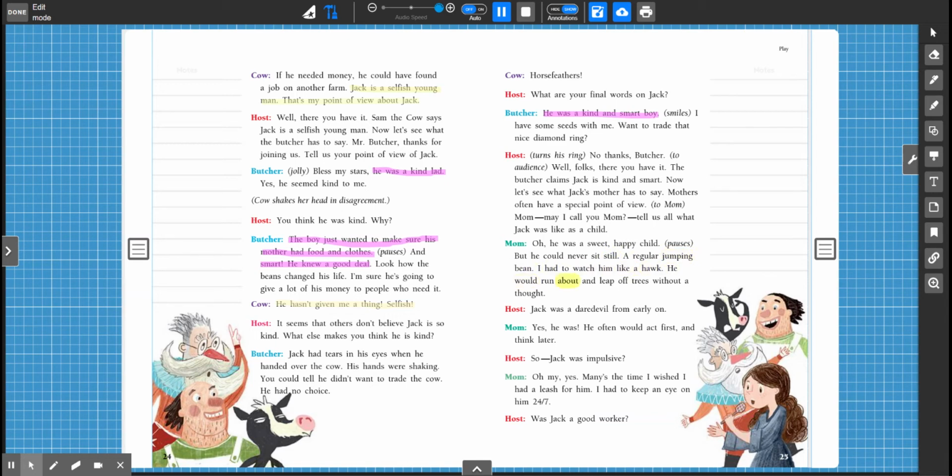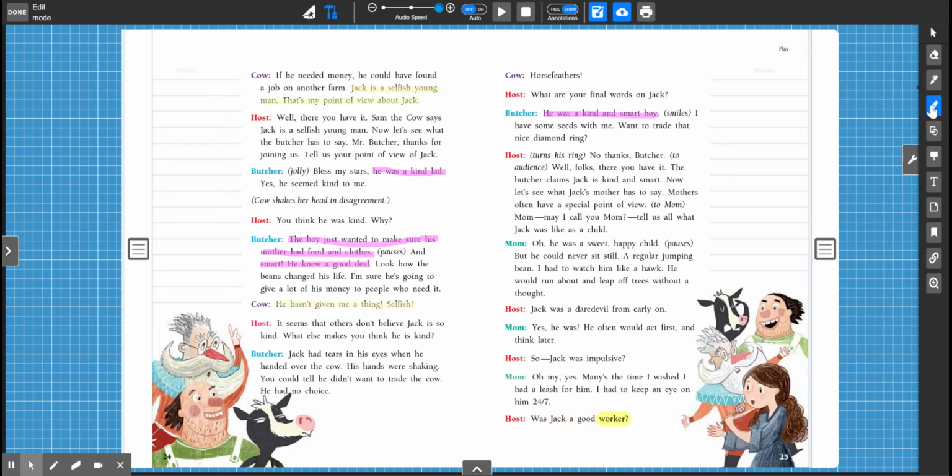He would run about and leap off trees without a thought. Jack was a daredevil from early on. Yes, he was. He often would act first and think later. So, Jack was impulsive. Oh my, yes. Many's the time I wished I had a leash for him. I had to keep an eye on him 24/7. Was Jack a good worker?